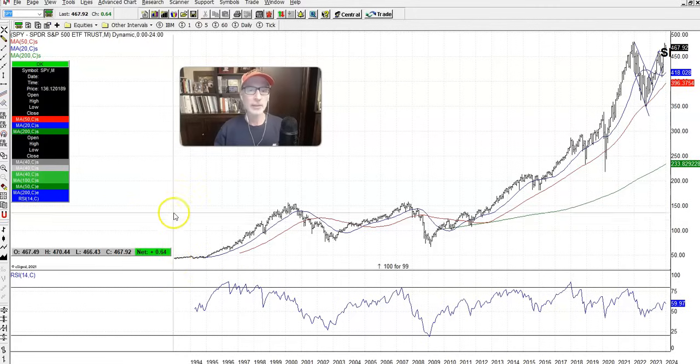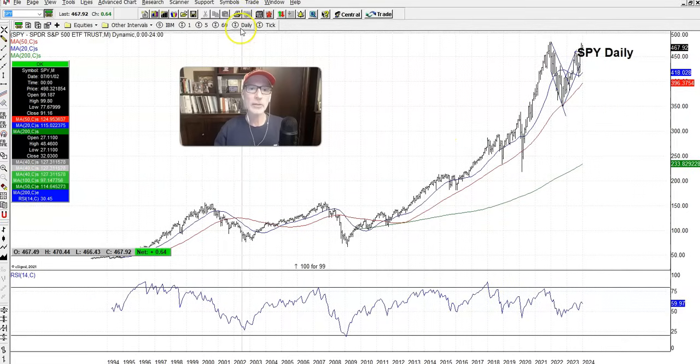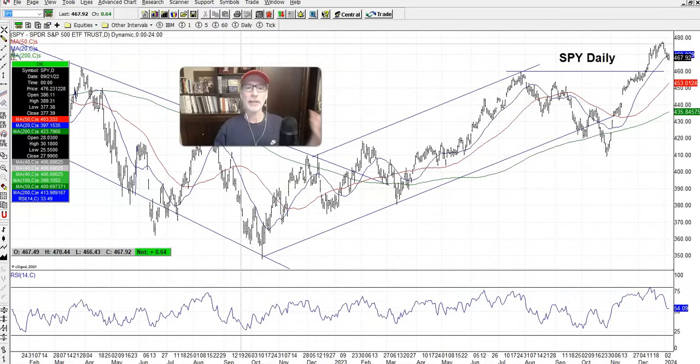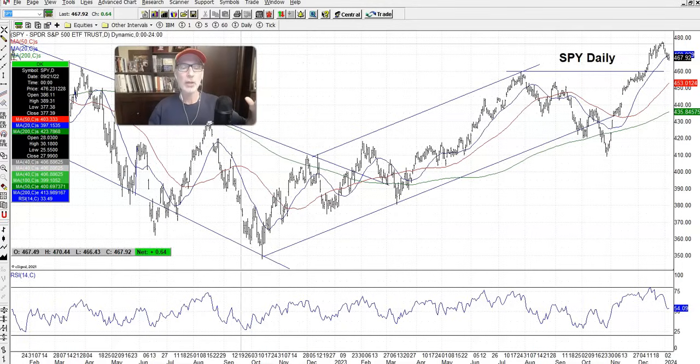If you have charting capabilities that go back even earlier, you'll see the market has been going up ever since. And why is that? Why does the market just go up over time? Even with pandemics and wars and inflation and interest rates, the market will find a way to go up over time. Sure, we'll have pullbacks and we'll have sideways action for a while, but eventually markets go up over the long run.